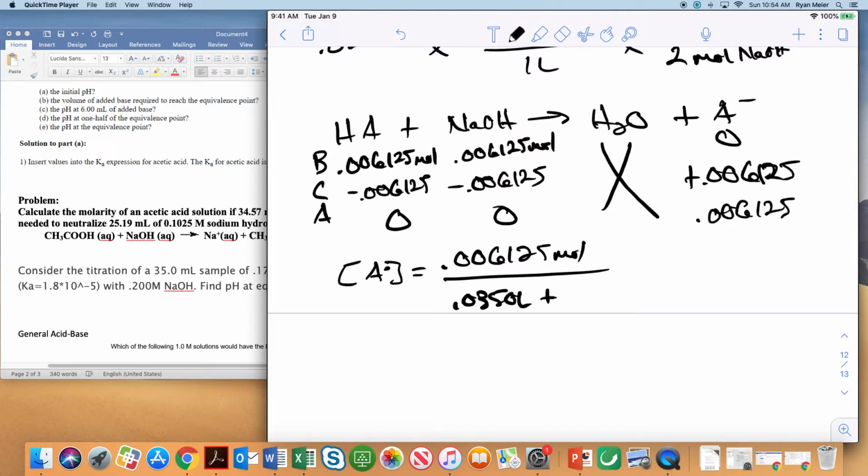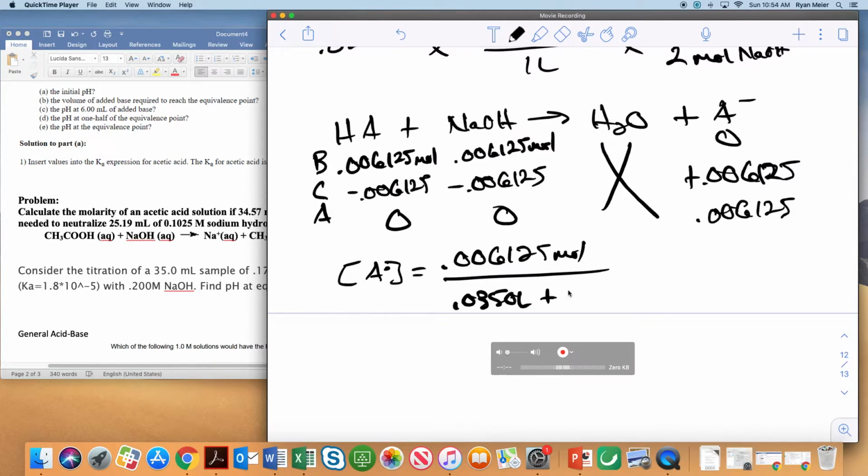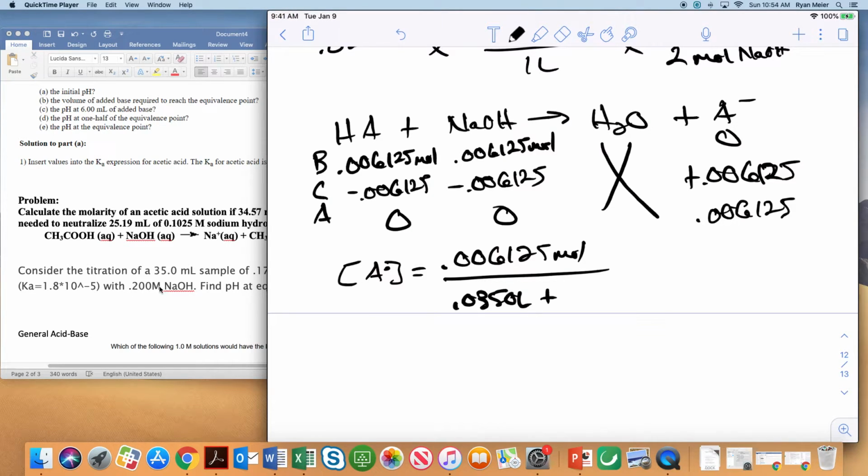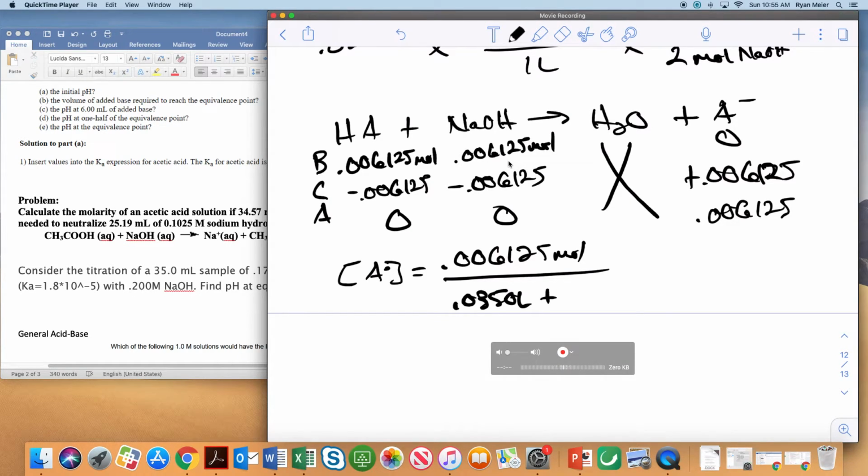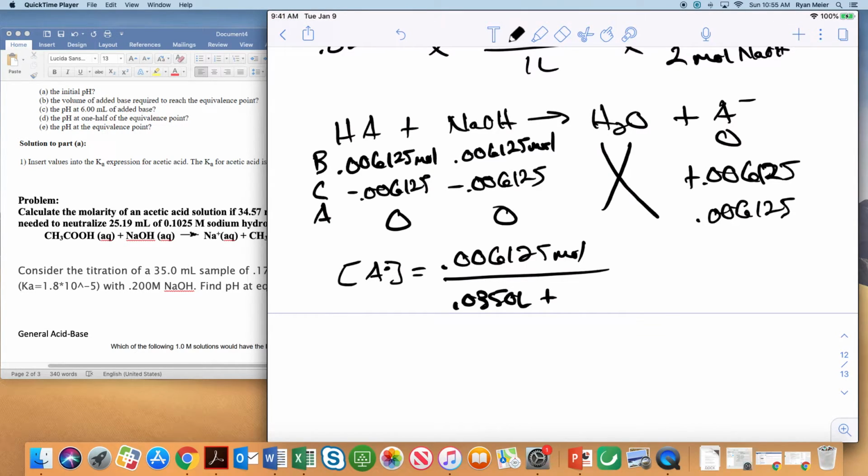which we have. And then this other part, I need to know how many liters of the sodium hydroxide I have to add to get this many moles. Well, I know I need this many moles, and I know the concentration is 0.2 molar, so I can take 0.006125 and divide it by 0.2, which gives me about 0.0306 liters of NaOH needed to reach the equivalence point.